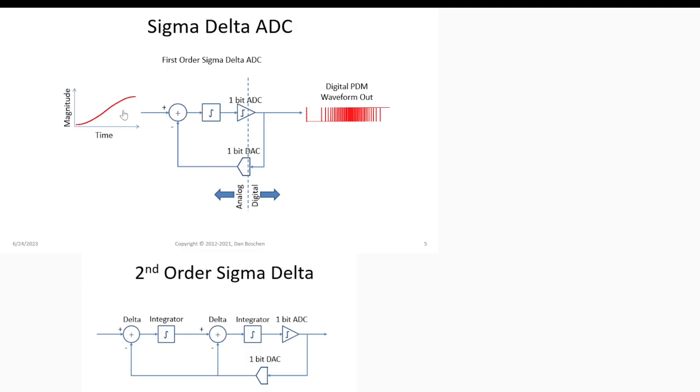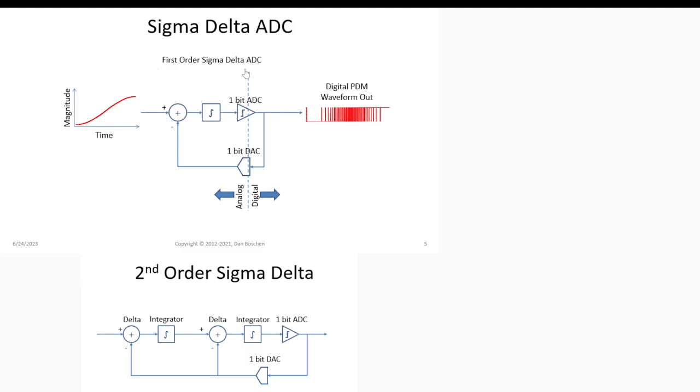The main signal comes in and goes to an integrator. An integrator is basically a summation of a lot of inputs, and then it converts to a 1-bit output, which is fed back through a DAC to a summing stage, where the feedback is summed with the input signal in order to produce the outputs.